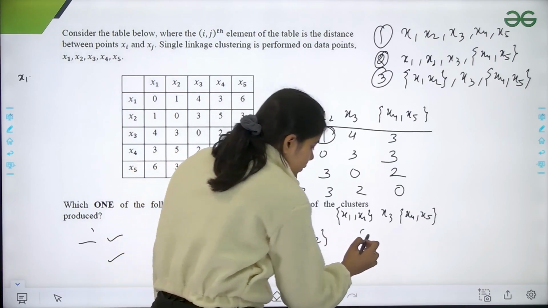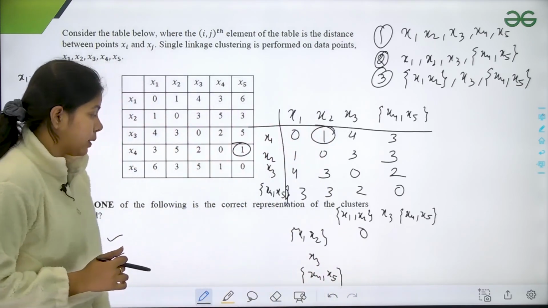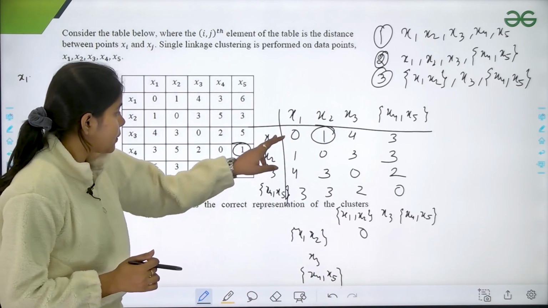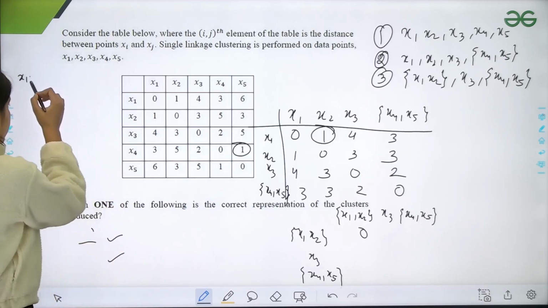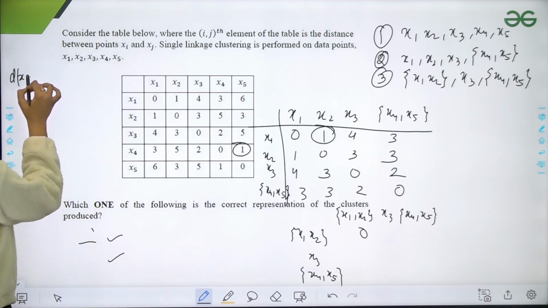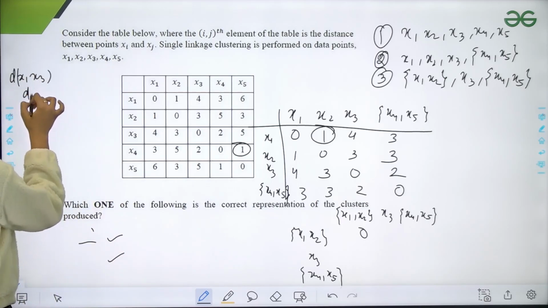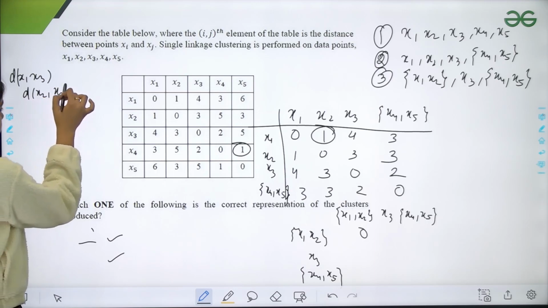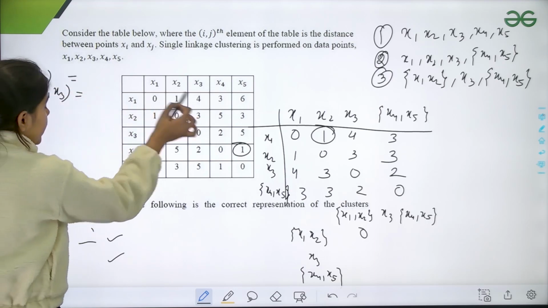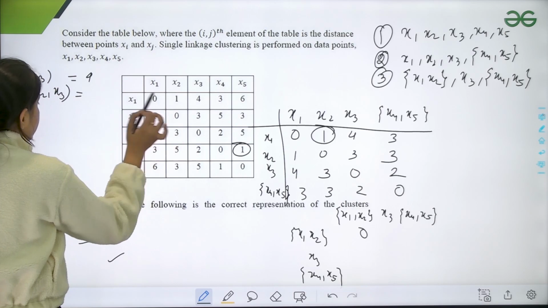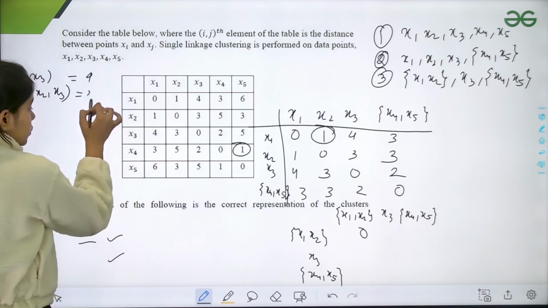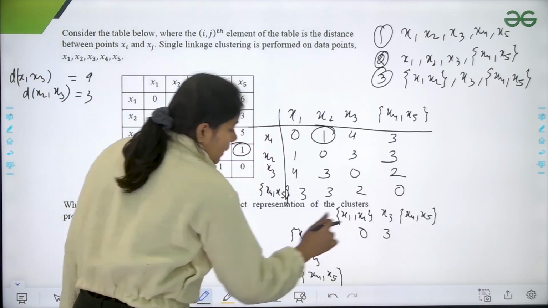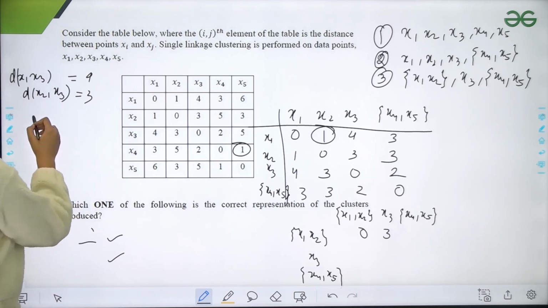So x1 x2 distance with x1 x2 is 0, and x1 x2 distance with x3. So what would I do? I'll find out d of x1 with x3 and d of x2 with x3, right? That's what I have to do here. x1 with x3 is 4 and x2 with x3 is 3. So we'll get a distance 3 here. Now x1 x2 with x4 x5.